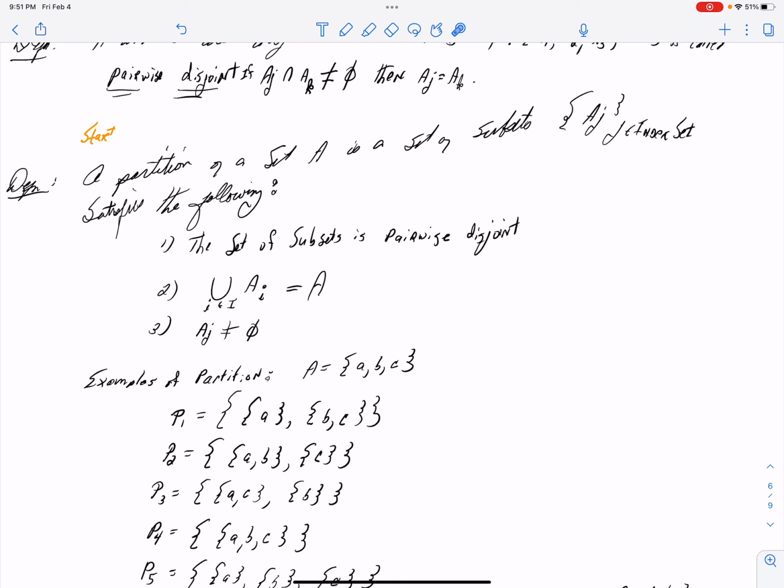So what's a partition? It's a set of subsets that satisfy, number one, that set of subsets is pairwise disjoint, like we just talked about.